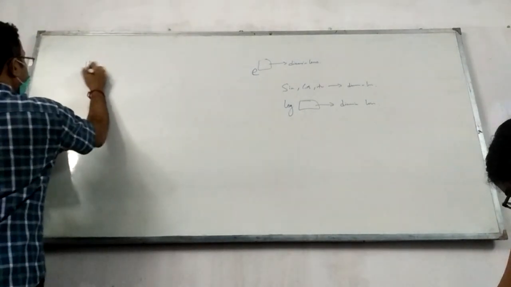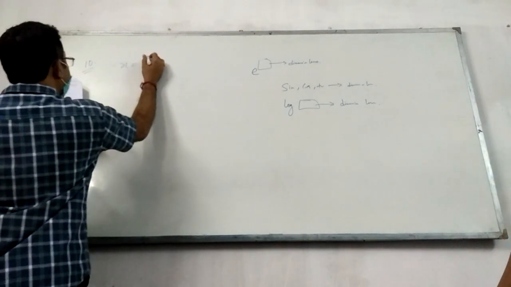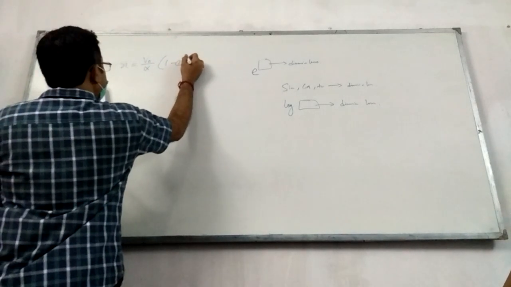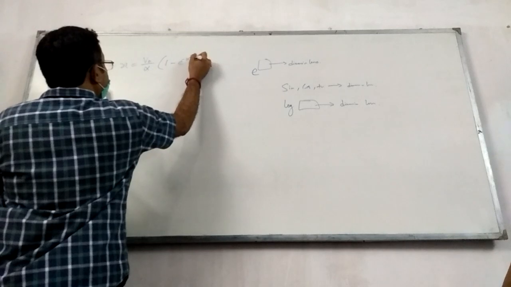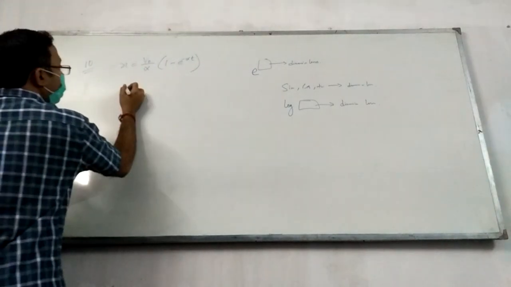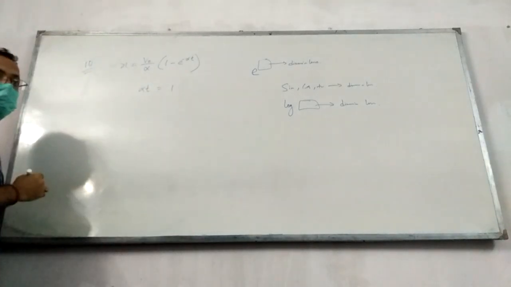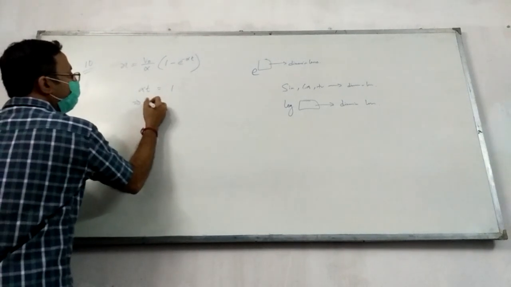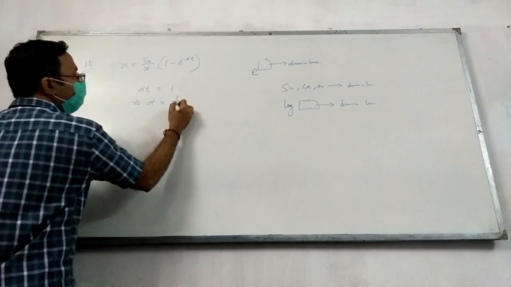X is equal to v naught by alpha into 1 minus e to the power minus alpha t. Find the dimension of alpha and beta. Therefore alpha t should be dimensionless. If alpha t is dimensionless, then alpha will be equal to 1 by t.